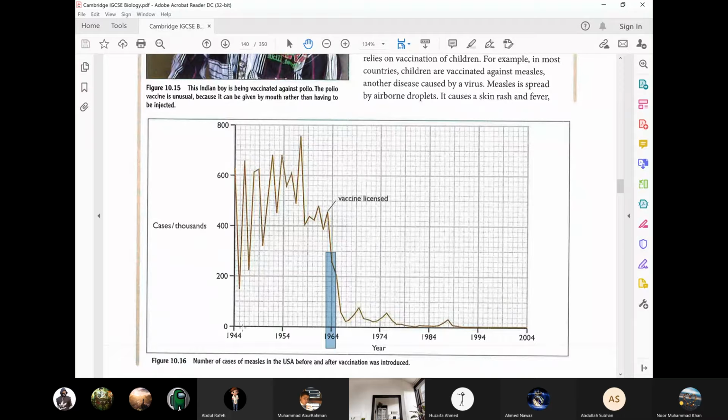Then you will tell that the cases decreased in 1946, down to about 160,000, right? Then the cases increased again and became about 660,000 cases, right?